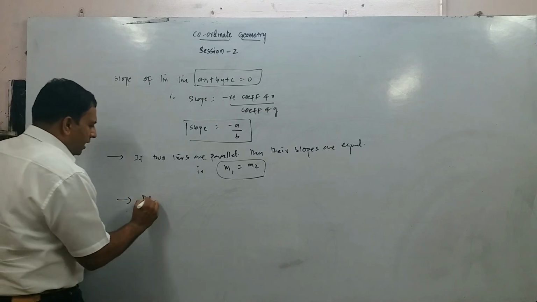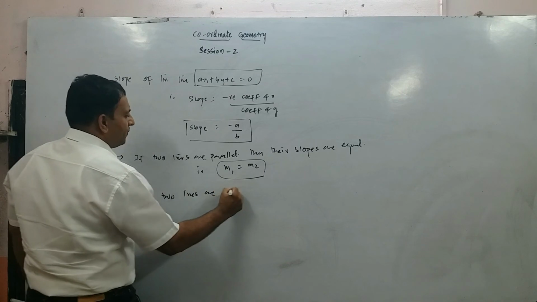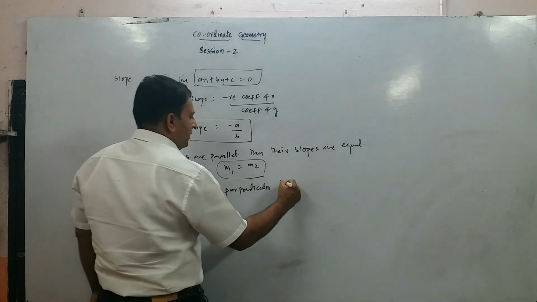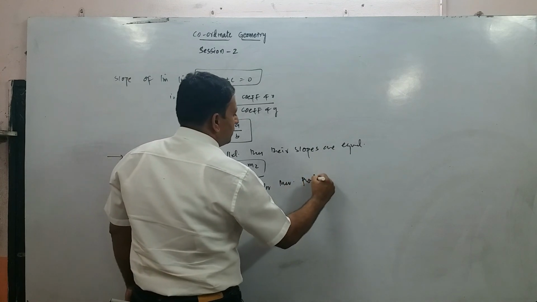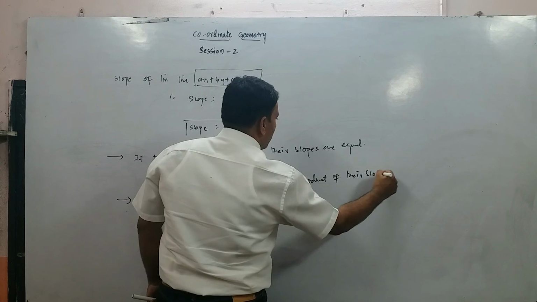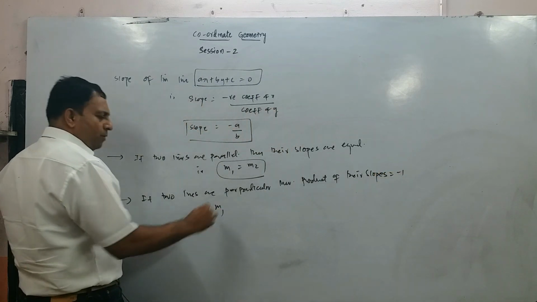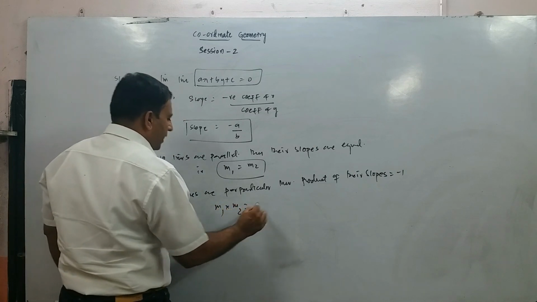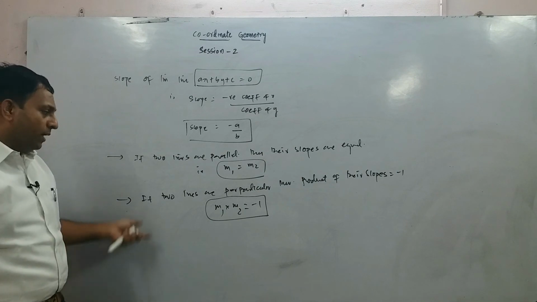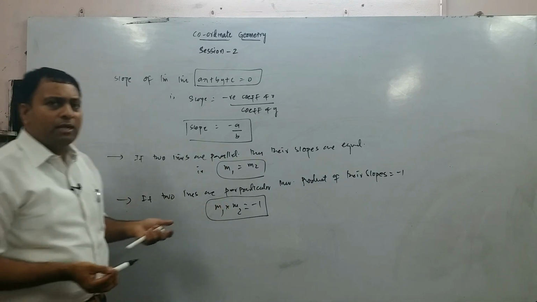Now, if two lines are perpendicular, then the product of their slopes is equal to -1. It means if M1 is the slope of the first line and M2 is the slope of the second line, and you multiply M1 into M2, it will be equal to -1. So these are the two very important conditions if two lines are parallel or perpendicular.